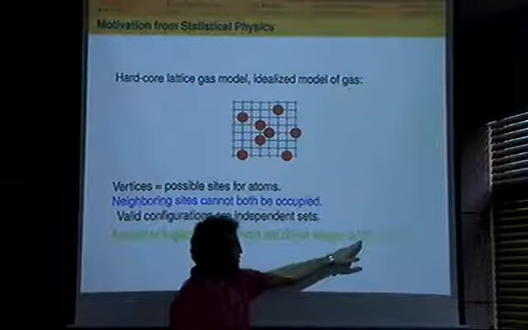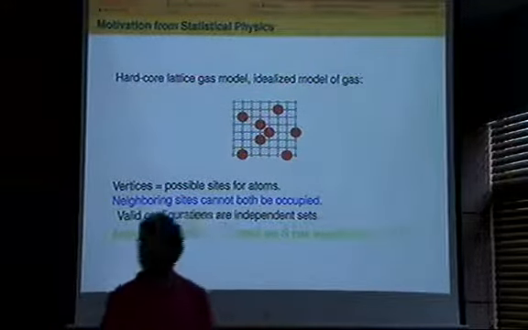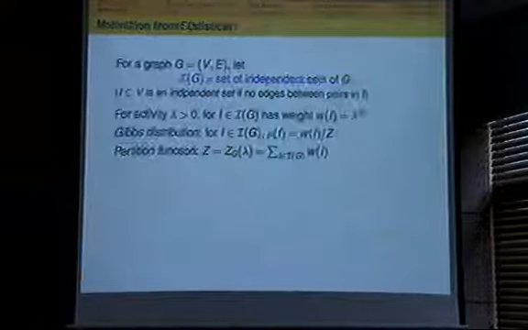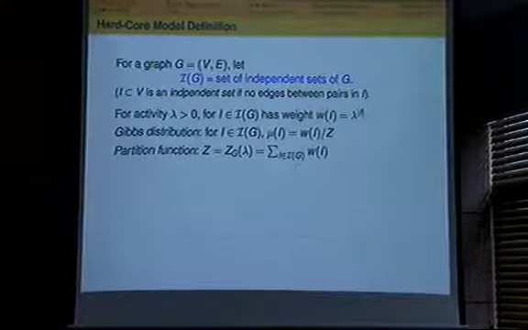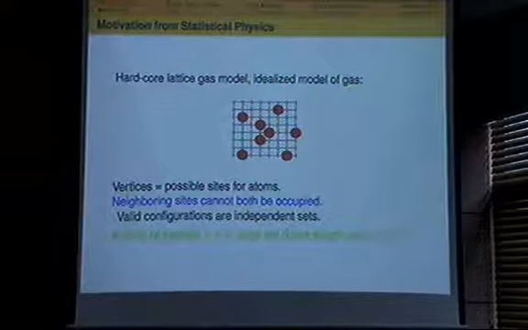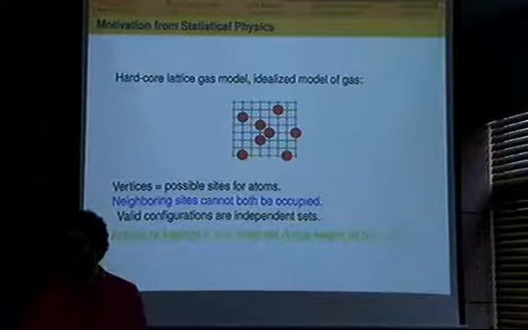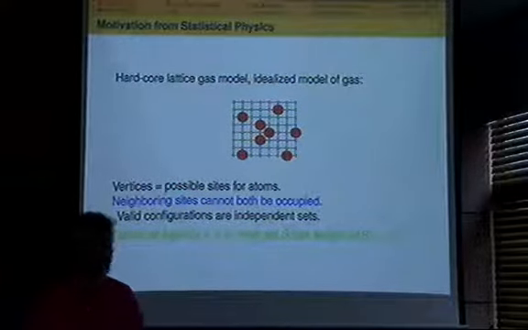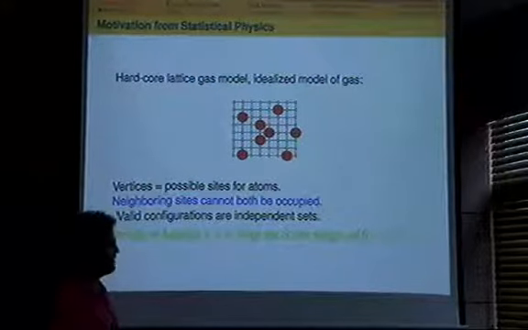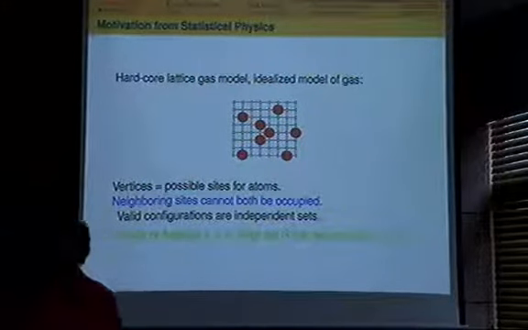We give a weight to an independent set, which is lambda to the size of the set. If lambda is big, then we're favoring maximum independent sets. If lambda is 1, then all independent sets have the same weight. And if lambda is less than 1, then we're preferring smaller independent sets. Okay?